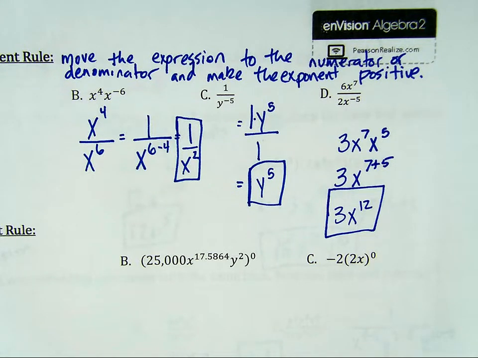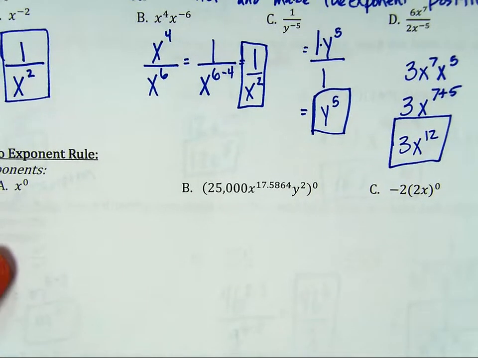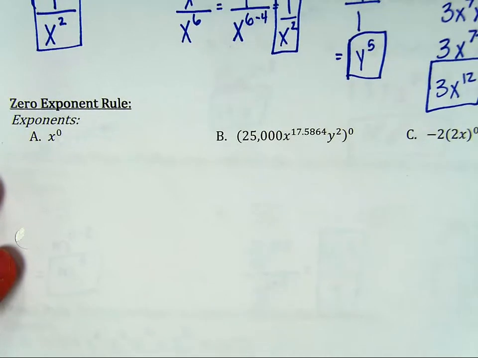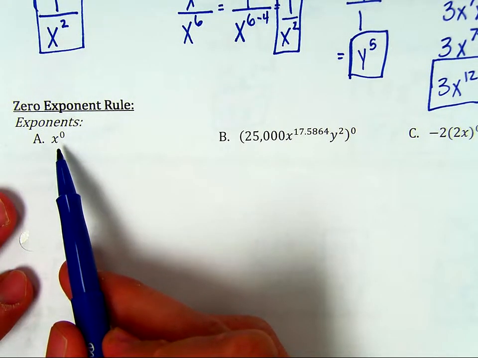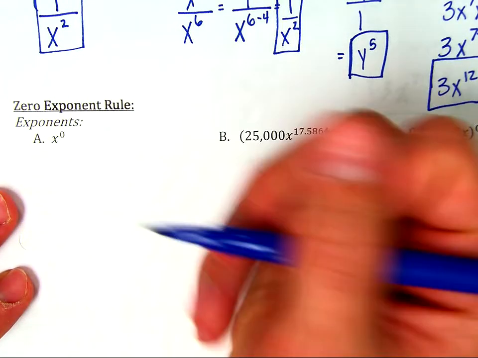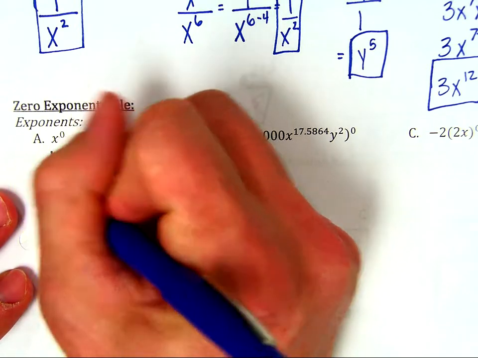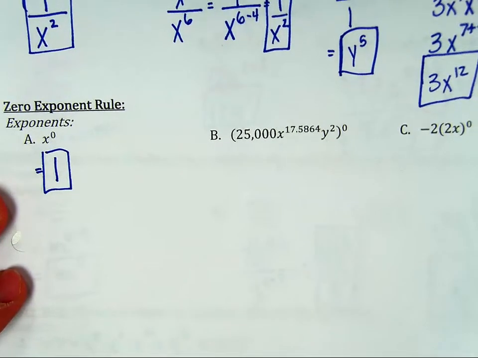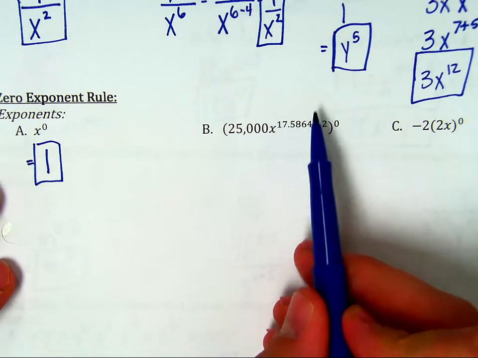Okay, so the last property that we're going to look at is whenever we have a zero exponent. Okay, anytime you have an exponent of 0, the expression is always going to equal 1. So x to the 0, answer is 1. Here, 25,000 x to the 17.5864 y to the second.